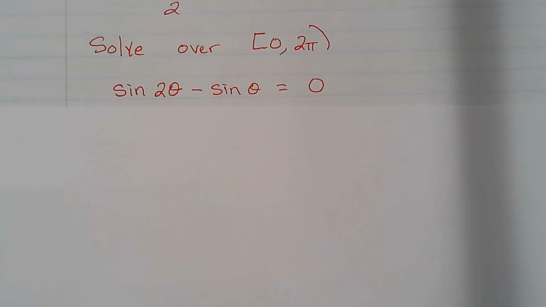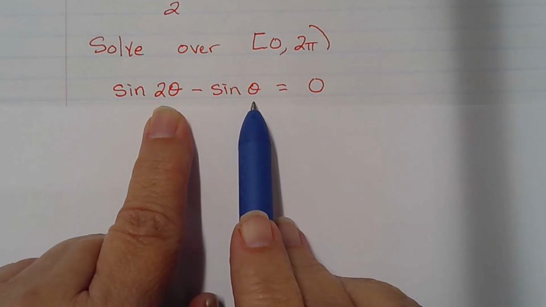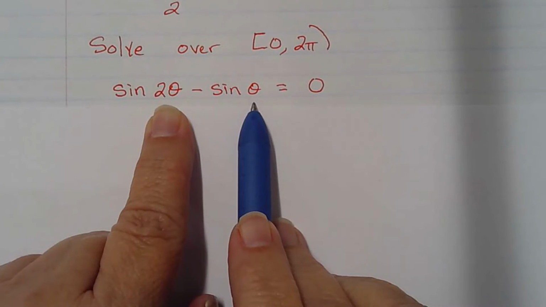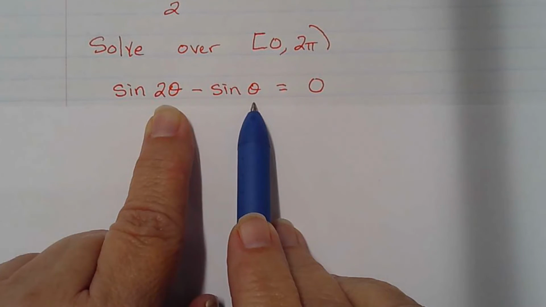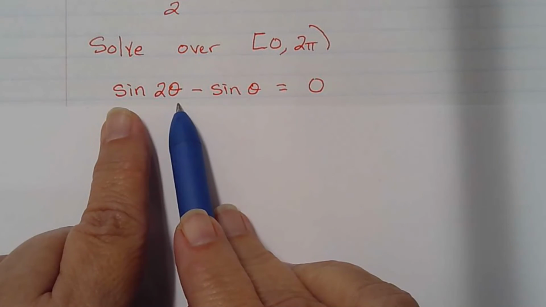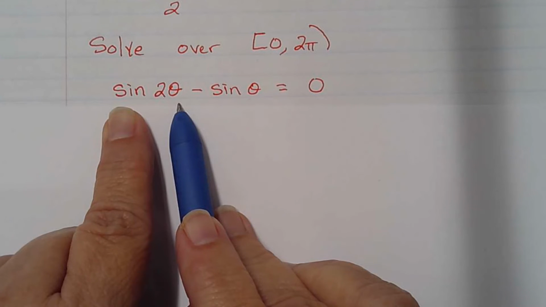So first of all, notice that I am taking the sine of 2 different sized angles here. So the way this is written right now, I cannot combine these in any way. These would not be considered like terms. So my only choice is to do a substitution with this double angle.